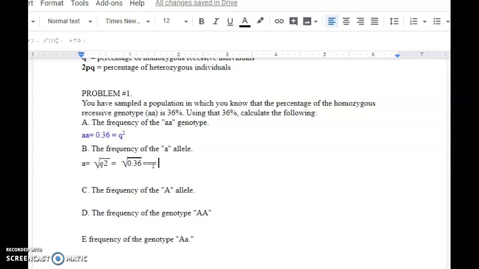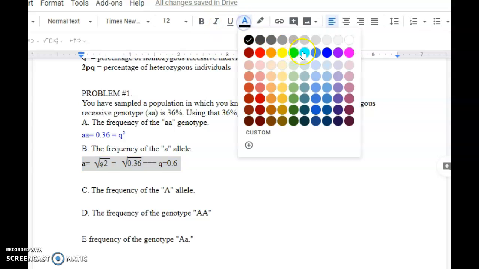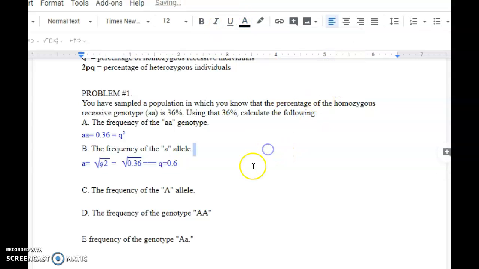We end up with Q. And if we take the square root of 0.36, that's going to be 0.6. Remember, whenever you square root a decimal, it's going to get bigger. It's going to be a bigger number.